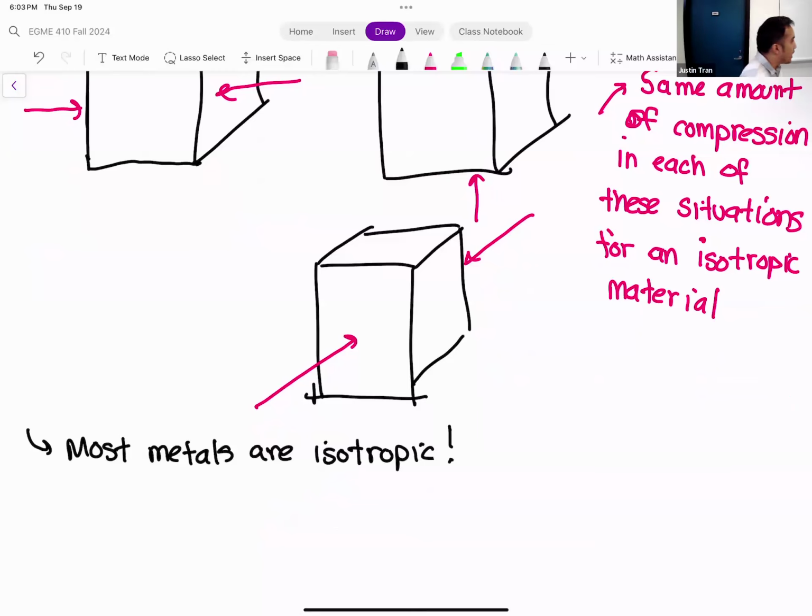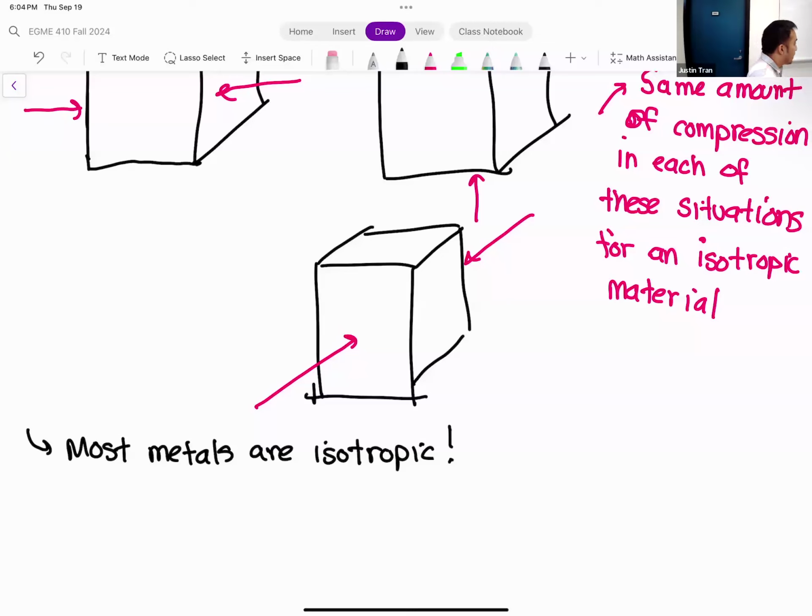And again, the reason for that is that on a molecular or atomic scale, the structure of a metal is very, very well structured, right? The space between the different molecules of metal is basically the same in every single direction. That means the molecular bonds between the different molecules are exactly the same in every direction.